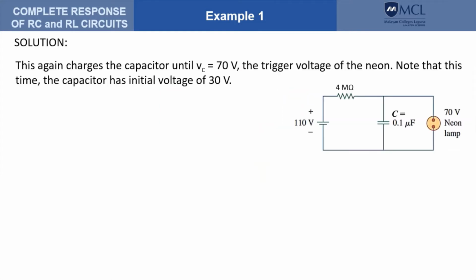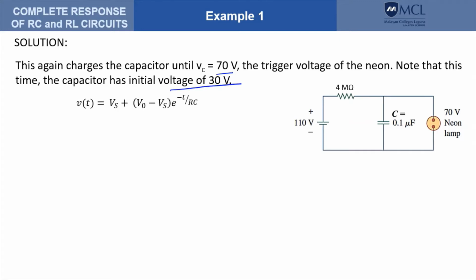Now, once the neon lamp turns off, the capacitor again will charge up to 70 volts, which is the trigger voltage of the neon lamp. But note that this time the capacitor has an initial voltage of 30 volts.